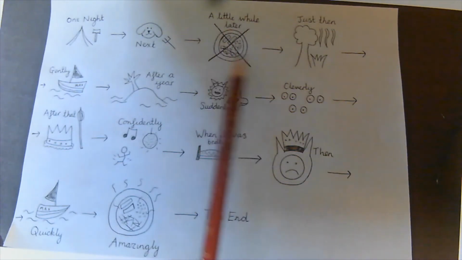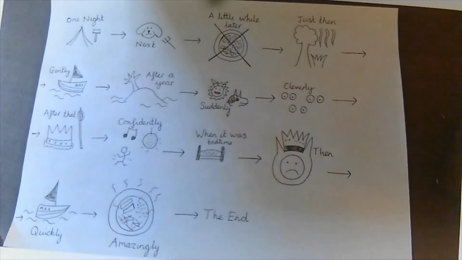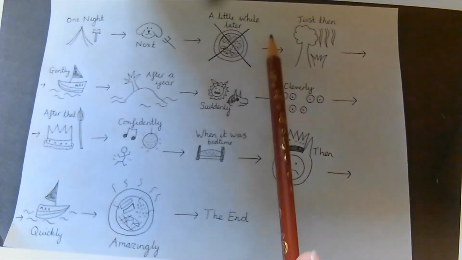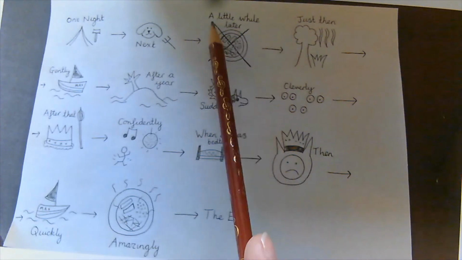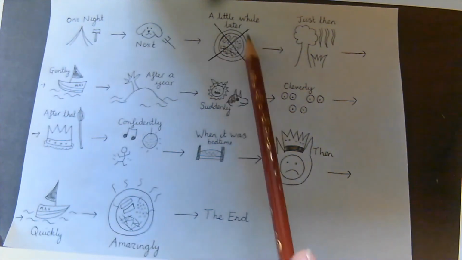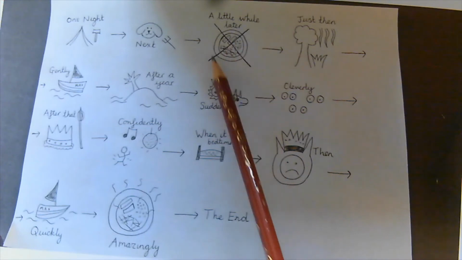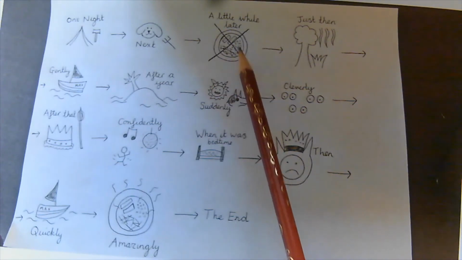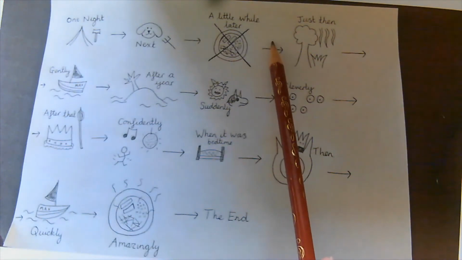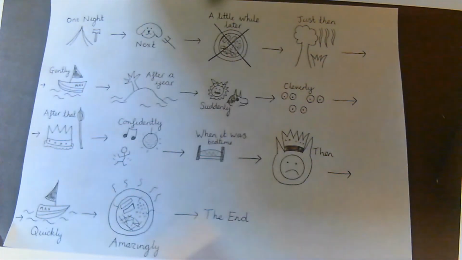Okay, with this one, a little while later, we might be describing his dinner. And I think we can use a conjunction on this one. In fact, I think we already did use a conjunction on this one at the beginning. So we might not need to add anything here. A little while later, Max was sent to his room without any dinner because he had been naughty. So in this one, we have got a conjunction.